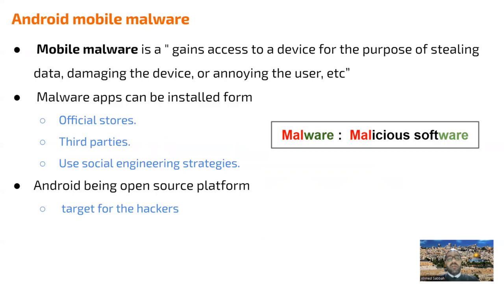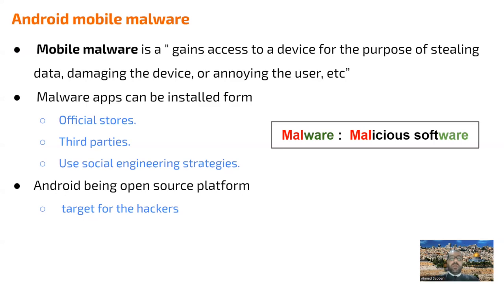We have more than one store on the internet. You can install applications from them, and this increases the possibility that an application may be malicious, maybe using a social engineering strategy to make the victim install the application on the device.